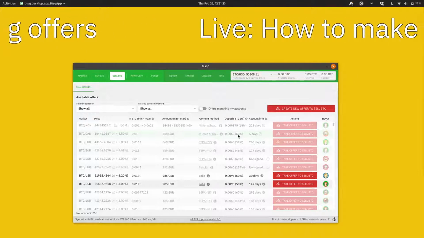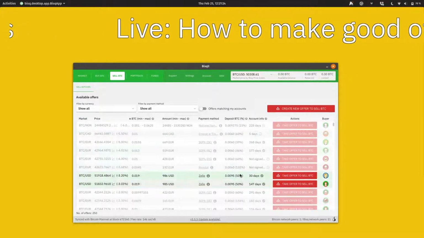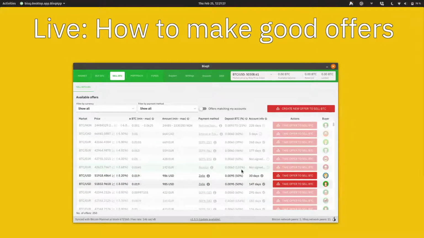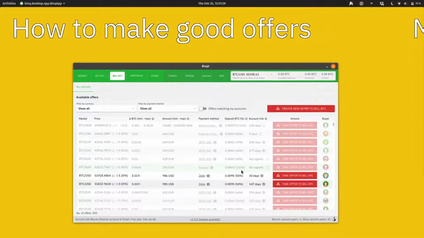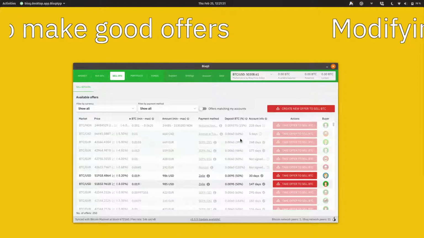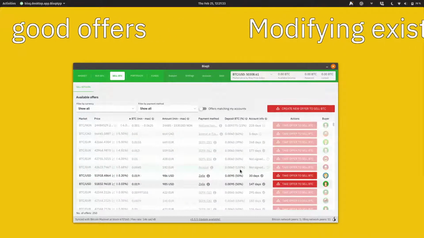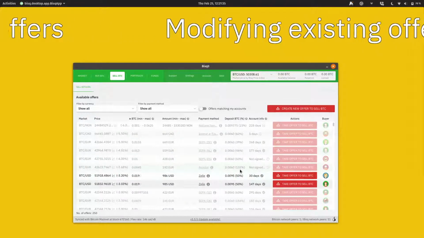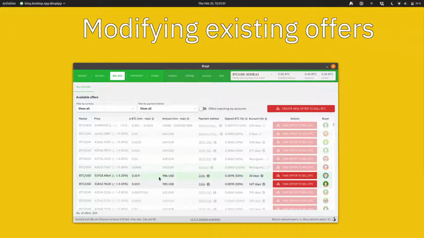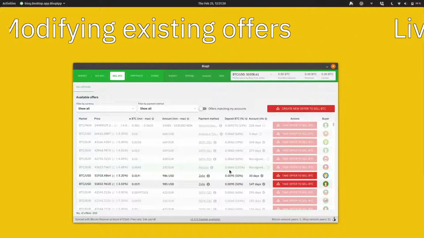So you can see in some of these cases, the percentage is actually quite high. You have upwards of 50%, upwards of 60%. This guy's putting down 133%.